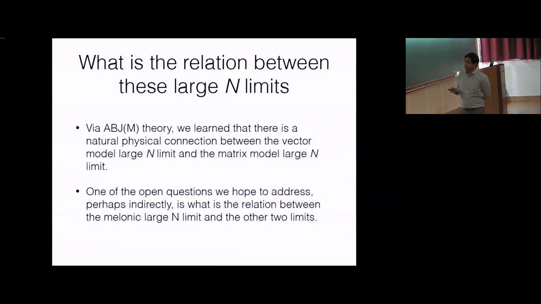Just to review the relation between vector models and matrix models: before ABJM, the matrix models people constructed were typically based on the adjoint representation, so there wasn't an obvious connection. But ABJM theory is based on bifundamental fermions, or bifundamental matter, which is U(N) cross U(N). The second N can be changed to an M.